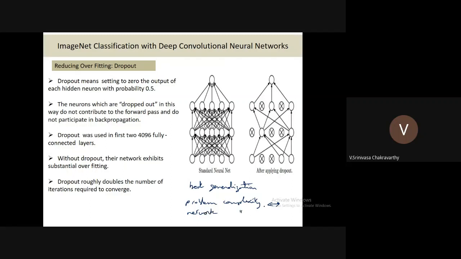Network complexity means number of free parameters, not number of weights. So if you take a very large network for a tiny problem, then it's going to overfit, right? We saw all those examples before.